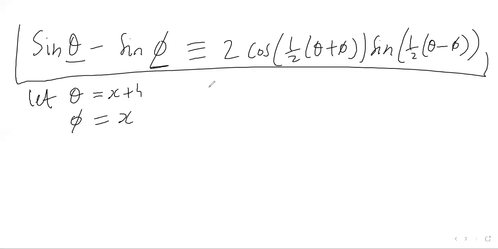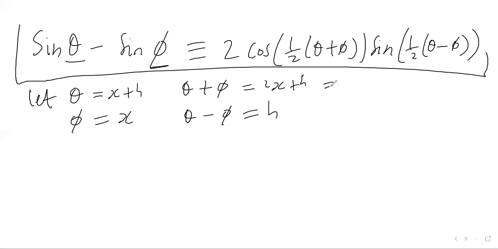And if we just work out what theta plus phi is, well, that's going to be x plus h plus x. So that's going to be 2x plus h. And if we work out theta subtract phi, well, that's going to be x plus h take away x, which is just going to be h.